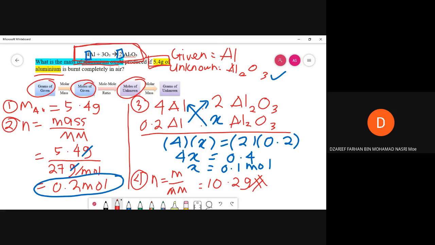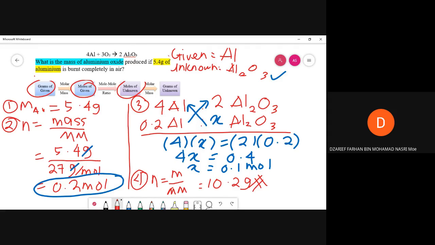Okay. Tak apa. So, today we are going to learn about mass to mass calculation. So, macam mana you nak tahu soalan tu adalah mass to mass calculation? So, you tengok dekat soalan, macam yang saya ada dekat whiteboard ni.